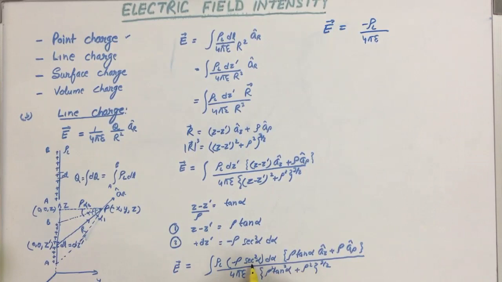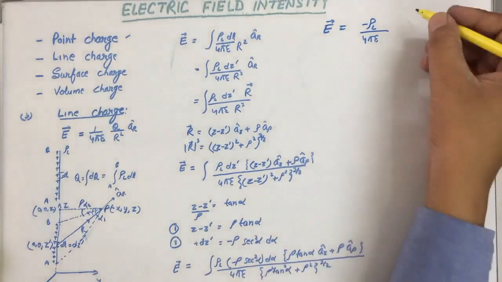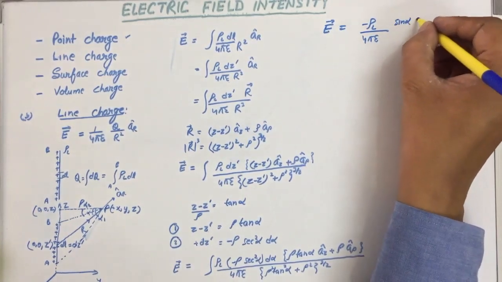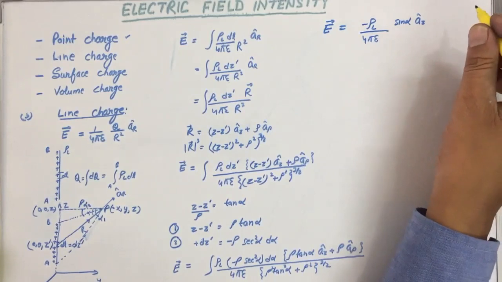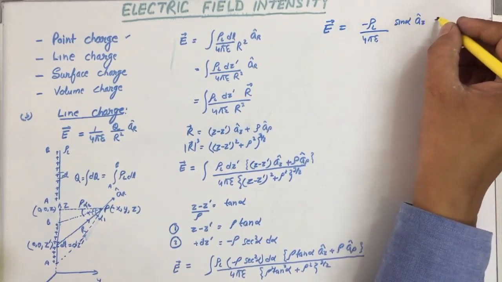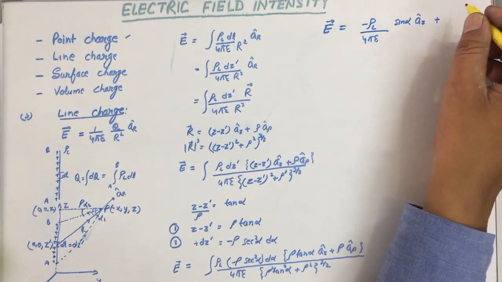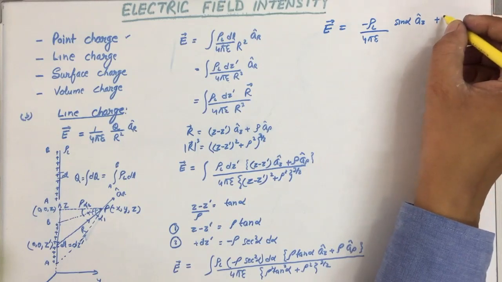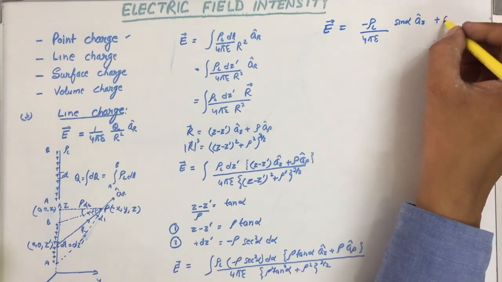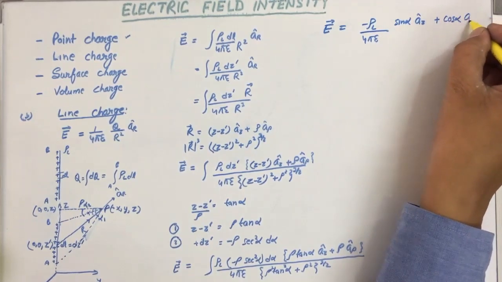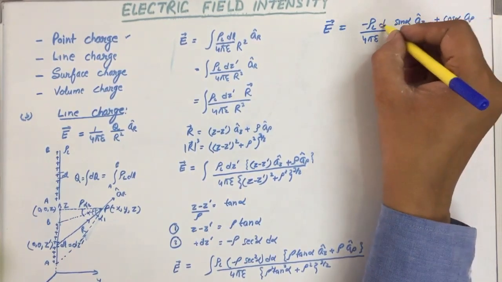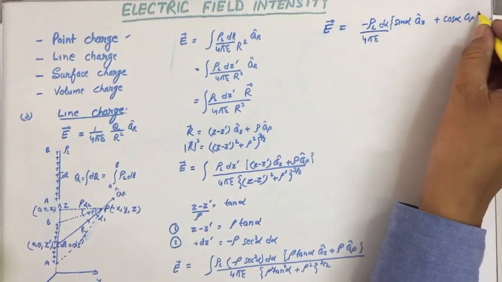Sec square is already there, so once it cancels out, one power of sec is left, which goes up as cos. So cos and tan give sin alpha in the direction of z, plus cos alpha a rho, here is d alpha.